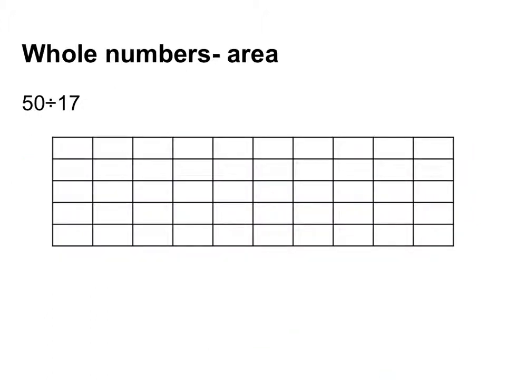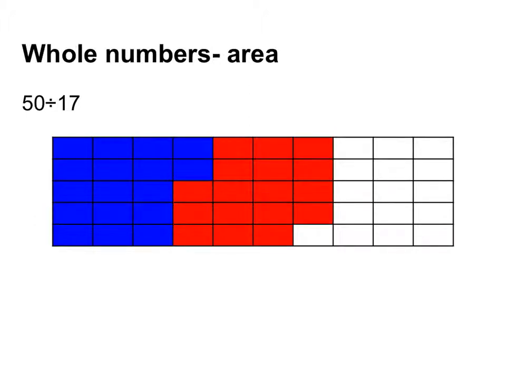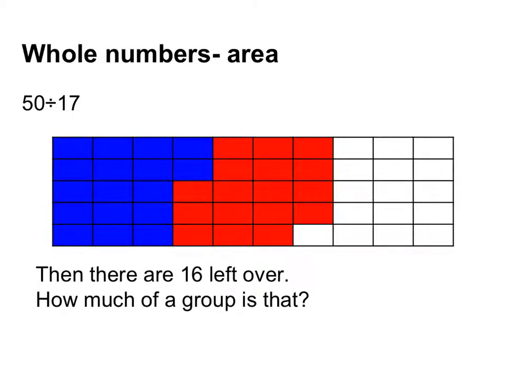Okay, area. So 50 divided by 17. I made a rectangle here that has 50 little squares. Each one of these smaller squares has an area of 1. And now I'm going to start to find 17. Here's 17. Here's another 17, and then I don't have another 17. It turns out that I have 16 left over: 1, 2, 3, 4, 5, 6, 7, 8, 9, 10, 11, 12, 13, 14, 15, 16. Not enough for another group. So the question is, how much of a group is that?